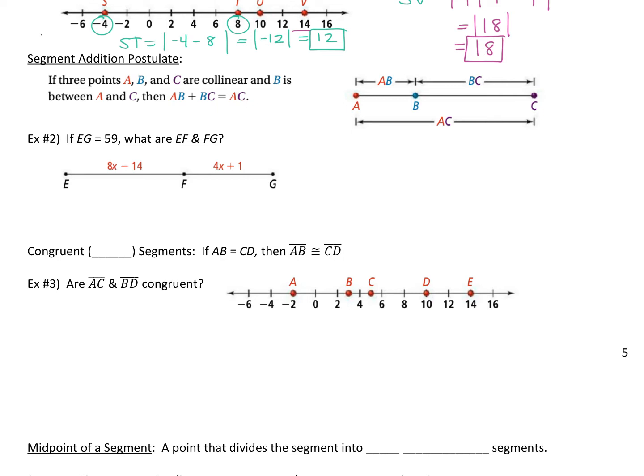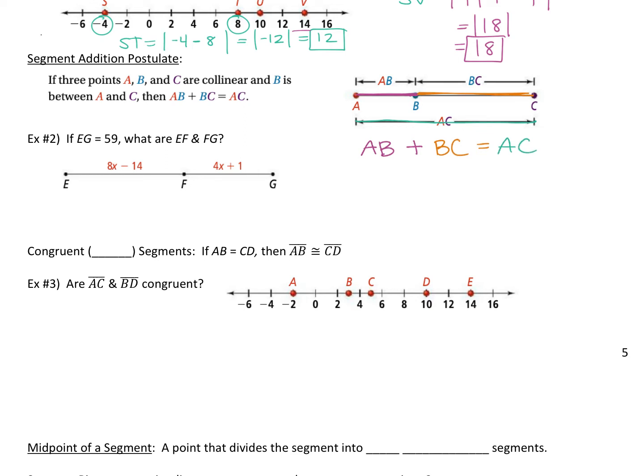So what it's saying is if I have the length of AB, and I add to it the length of BC, it will equal the whole thing, which is the length of AC. So AB plus BC equals AC.